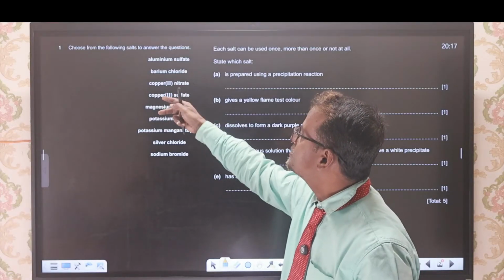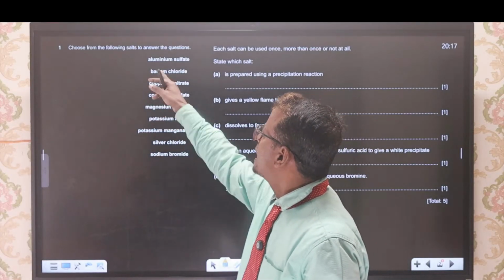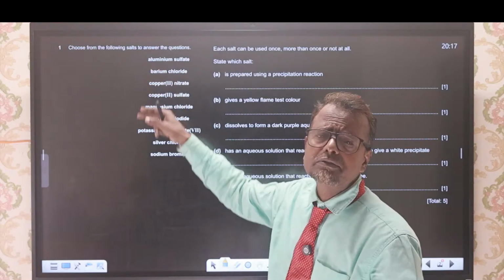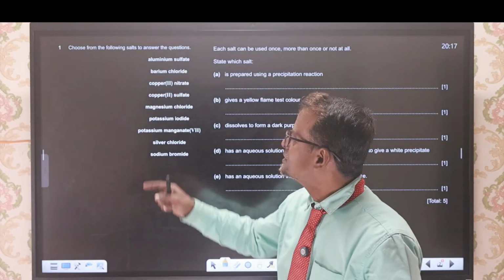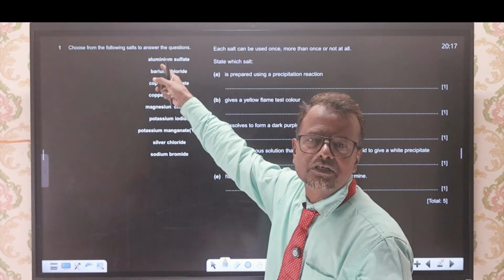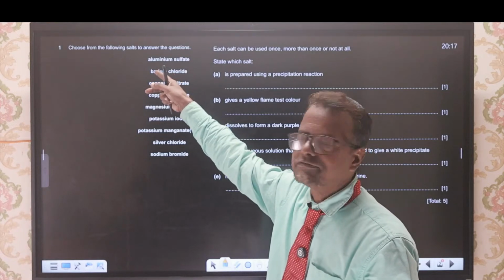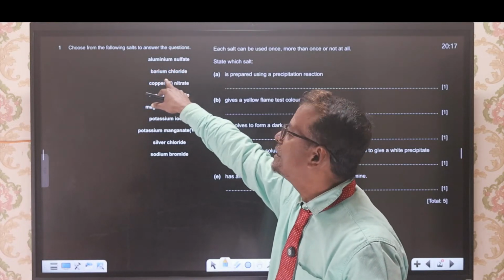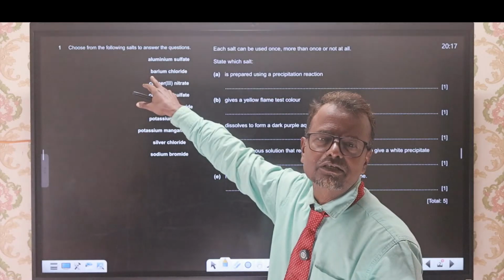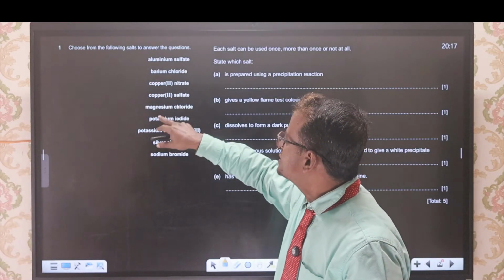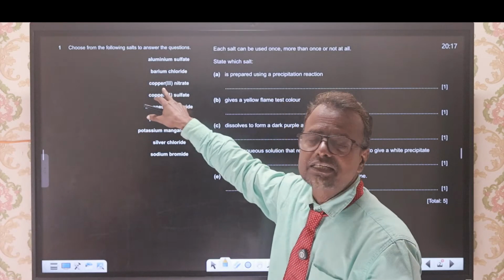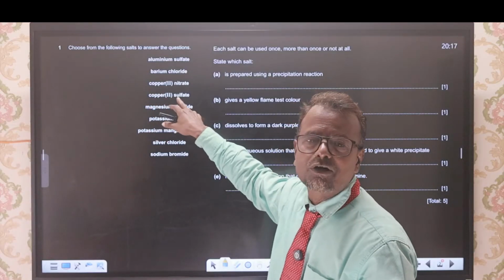So look here. Aluminum sulfate is soluble, not insoluble. All sulfates are soluble, we know, except barium sulfate and lead sulfate. So this is not the answer. Barium chloride, all chlorides are soluble. Copper nitrate, all nitrates are soluble. Copper sulfate, all sulfates are soluble.